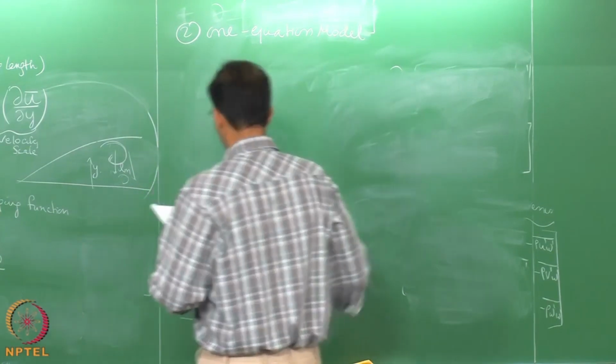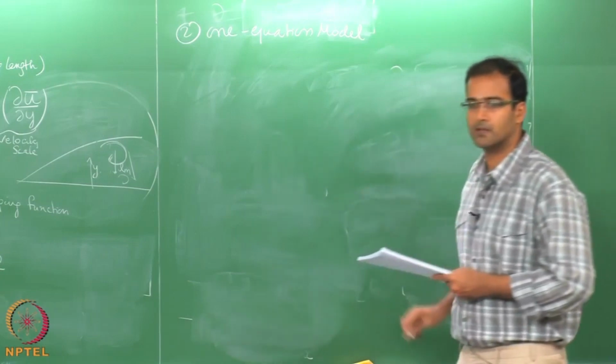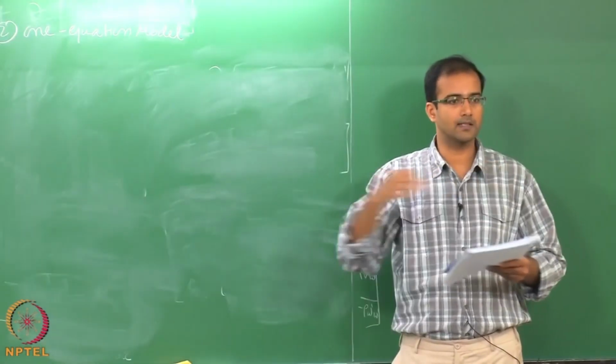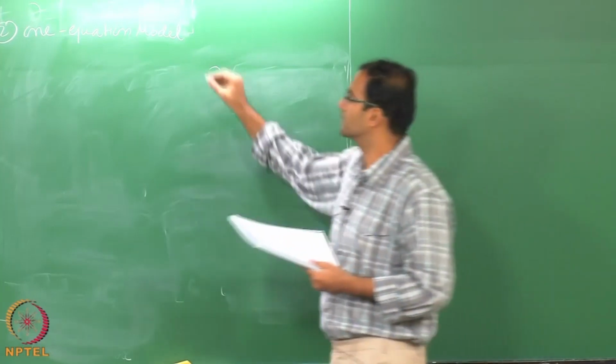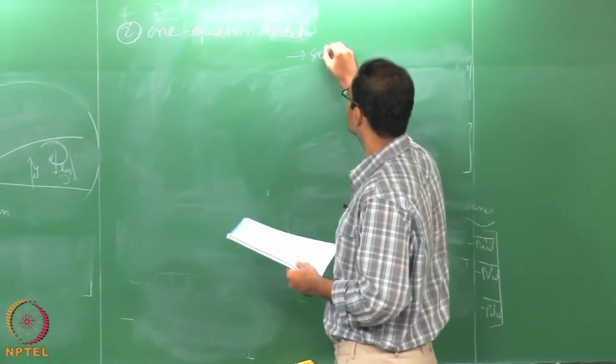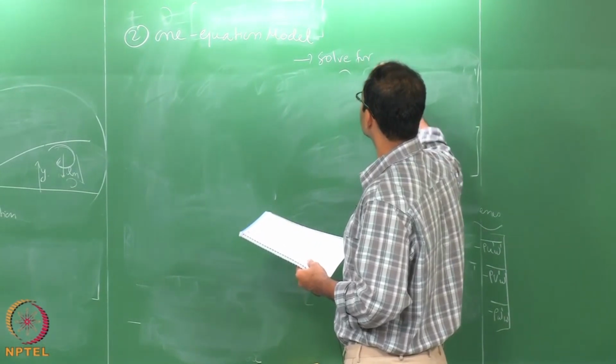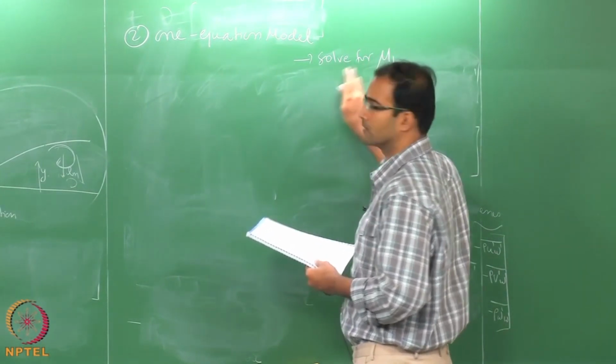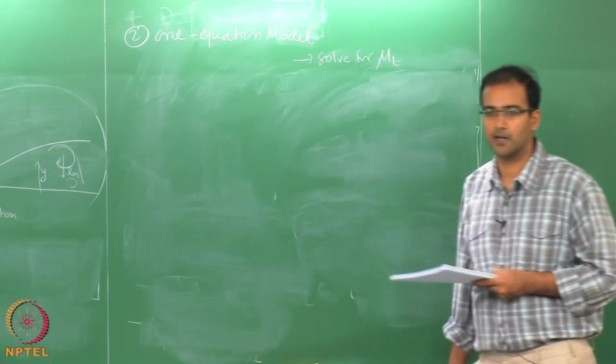In this case you solve one additional equation for the turbulent viscosity. You construct one additional equation for turbulent viscosity and solve for mu t. This will be an additional partial differential equation along with your momentum and energy equations.